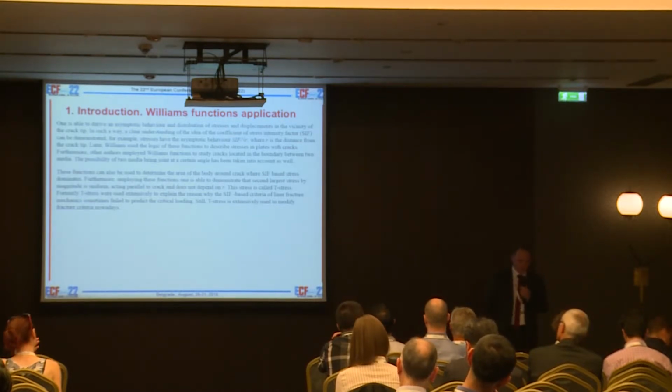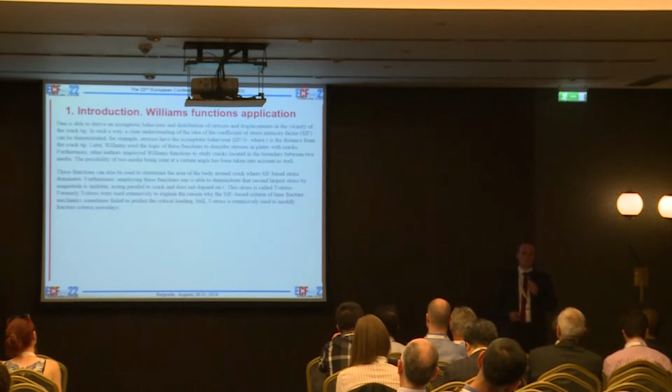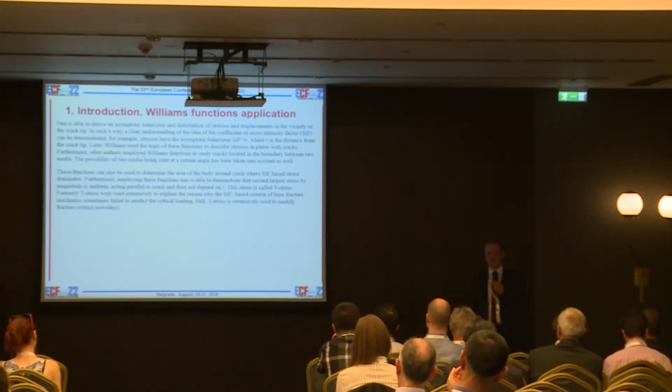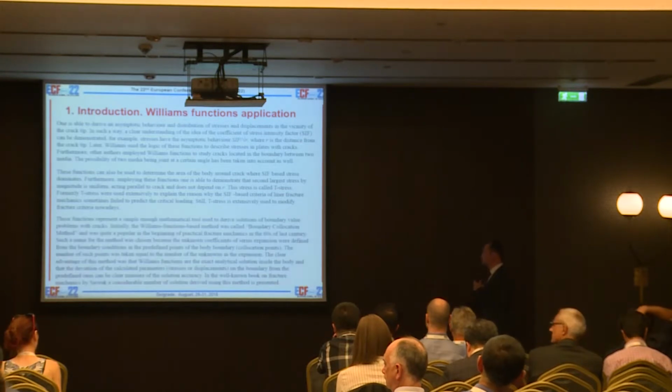Also, using this Williams function, we can show that the second largest stress by magnitude is uniform and is acting parallel to the crack surface. These stresses are called T-stresses, and even nowadays they are widely used to obtain fracture mechanics criteria.